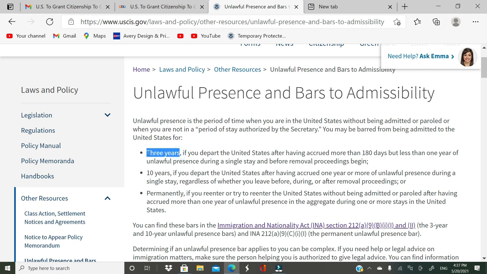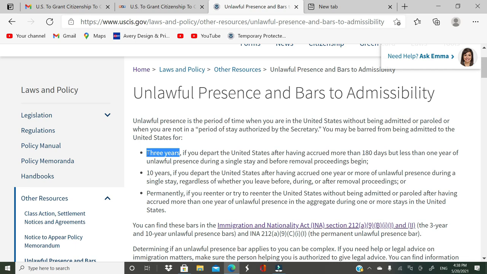So basically the person gets here, and let's say you have a 6 month visitor visa, B1 visa. After 6 months, the person stays, maybe 8 months or 9 months, and now they remember, or maybe they've forgotten, that they have to go back home, and then they go home.